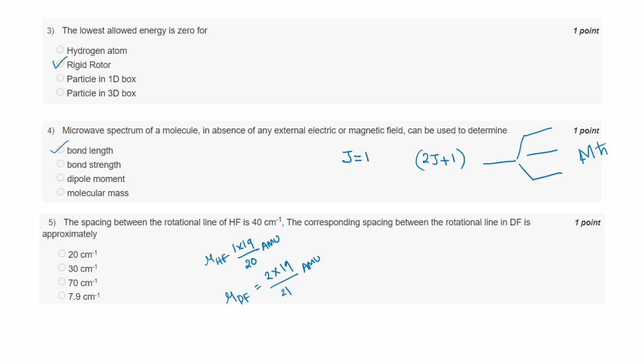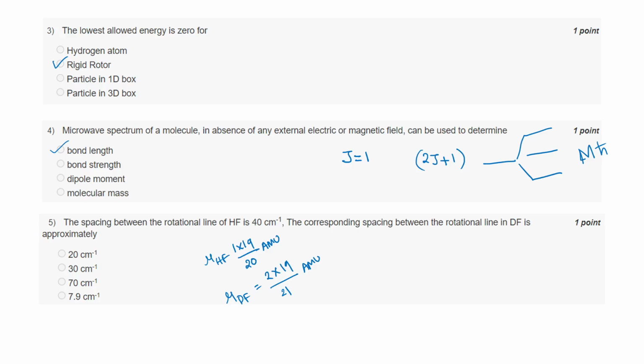So if the reduced mass of DF is increasing, then what will happen to the rotational constant? B will decrease. So earlier B was 20 centimeter inverse, now it is going to be less than that.